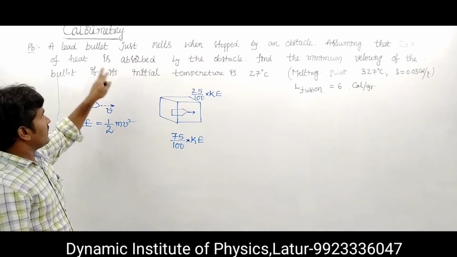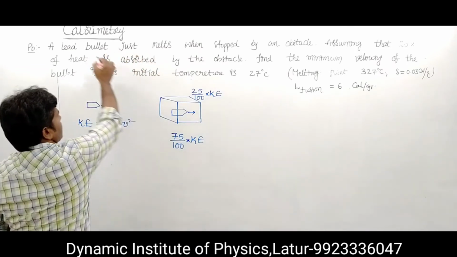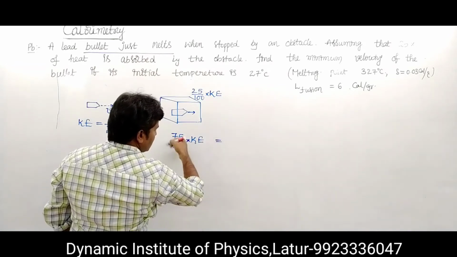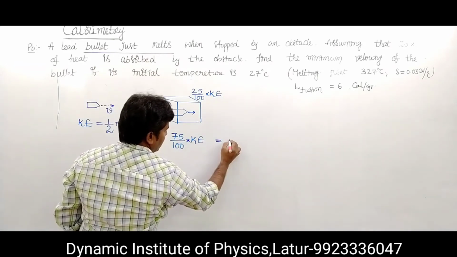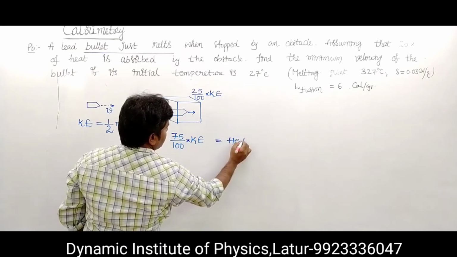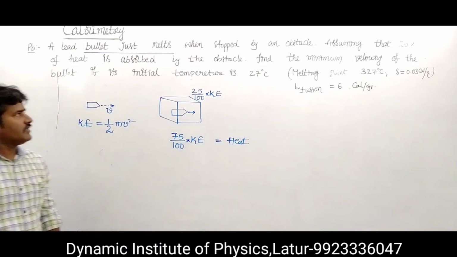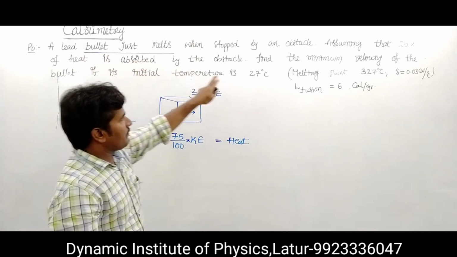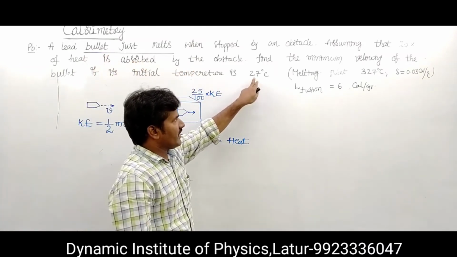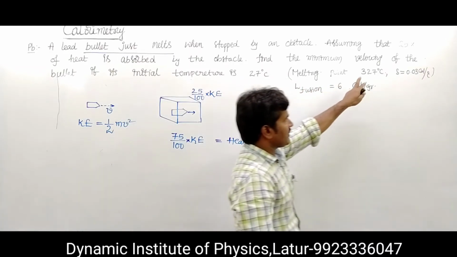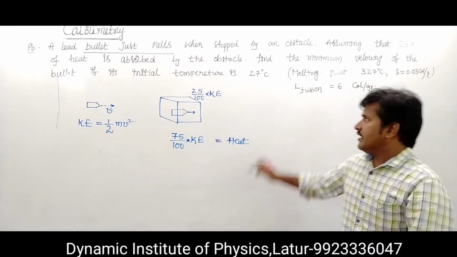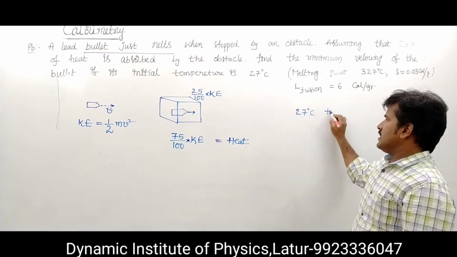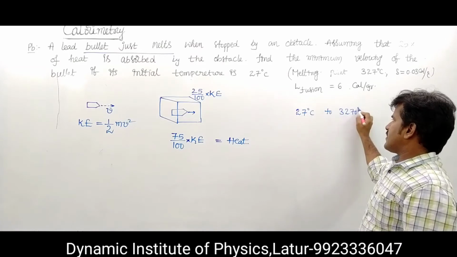Then the bullet just melts, so this is totally converted into heat energy. So the temperature rises from 27 degrees Celsius to 327 degrees Celsius.